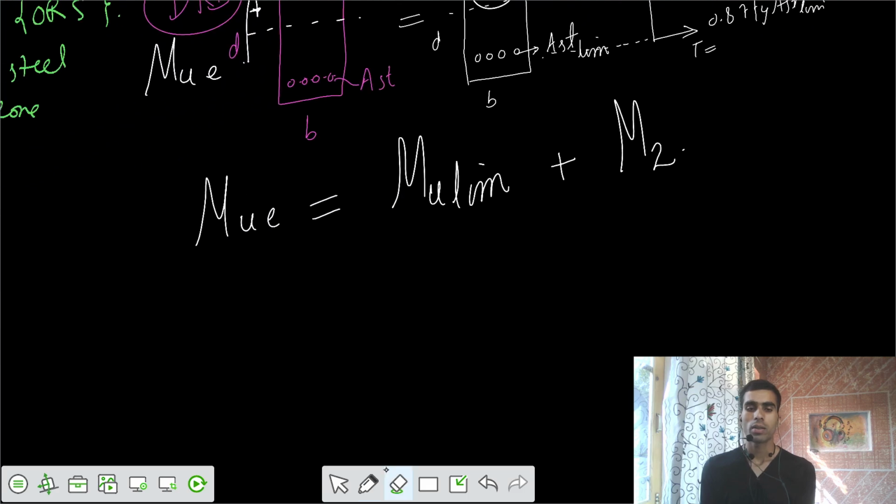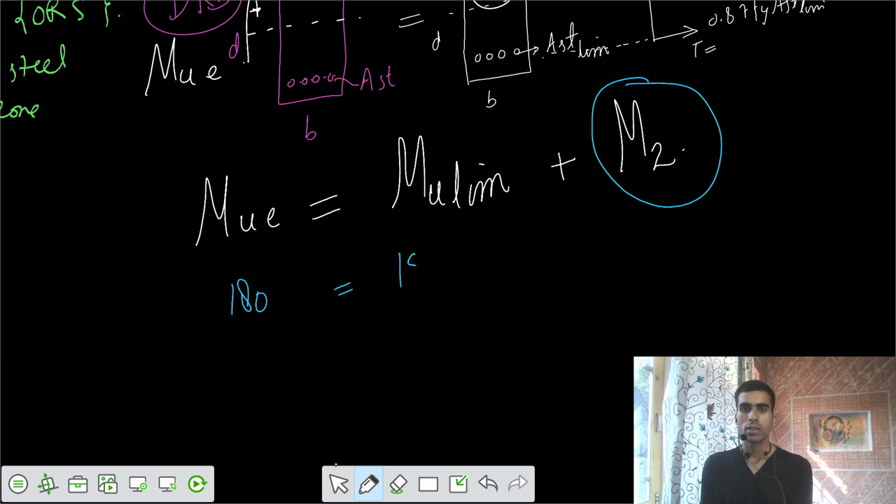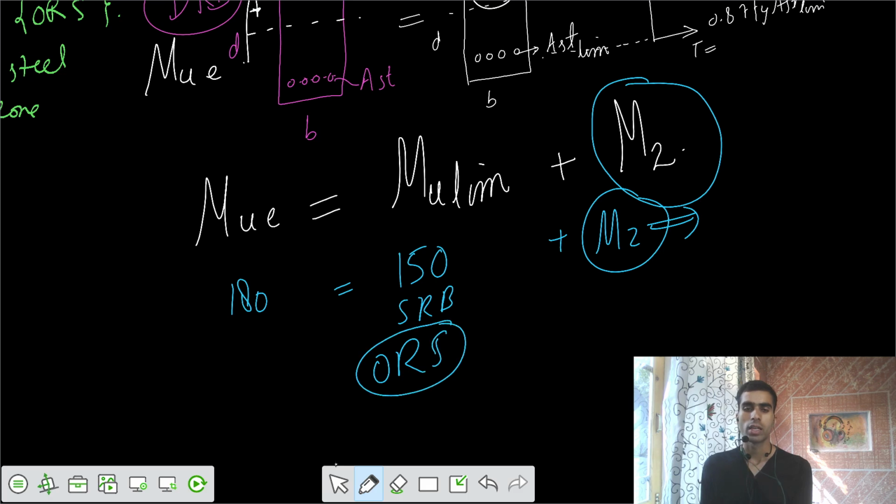So the extra part that was trying to make the singly reinforced beam an over reinforced section, that extra moment is because of that M2. Let's say the external moment was 180 kilonewton meters, and your limiting moment of resistance for the singly reinforced beam was 150 kilonewton meters. That means the extra M2 part was trying to make the beam over reinforced. If you design it as a singly reinforced beam, it was trying to become an over reinforced section because of that M2 of 30 kilonewton meters.